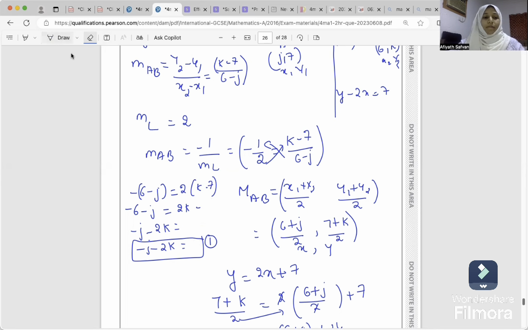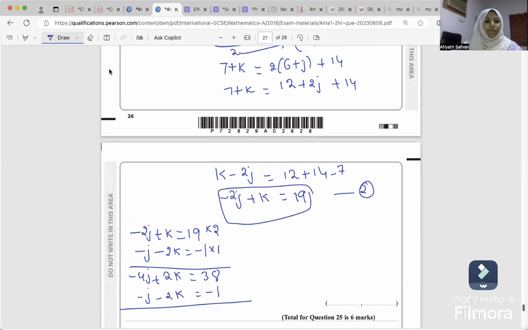Okay, so it will become minus 14. So minus j minus 2k is minus 14 plus 6, which is going to be minus 8. Therefore, I have to change here. It was not minus 1; instead, it should be minus 8.